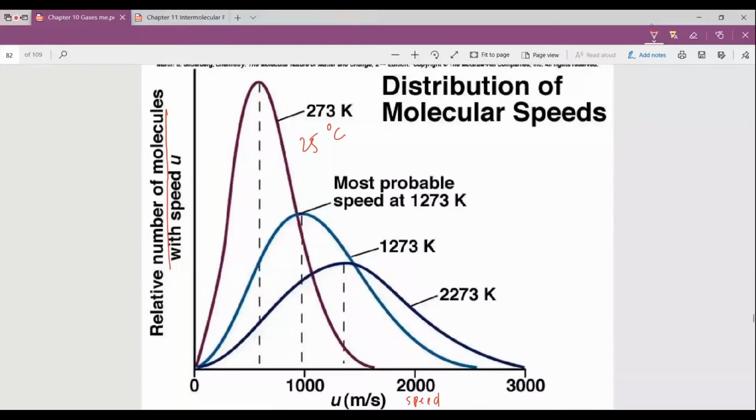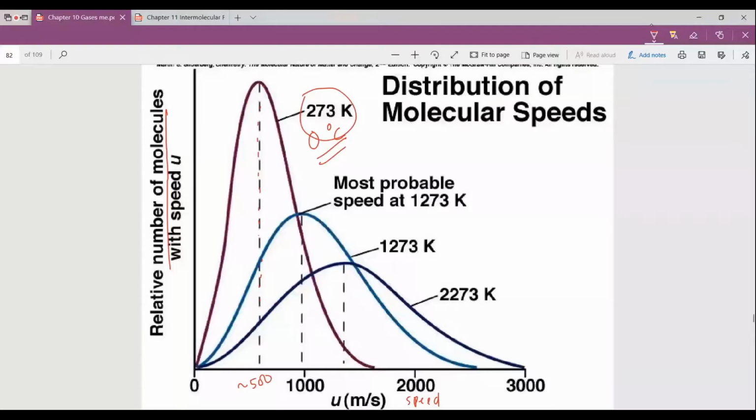So at temperature 273 Kelvin or 0 degrees Celsius, we can see that many of the molecules are moving at a speed of, let's say, around 500 meters per second. So many of the molecules move at 500 meters per second at 0 degrees Celsius or 273 Kelvin.